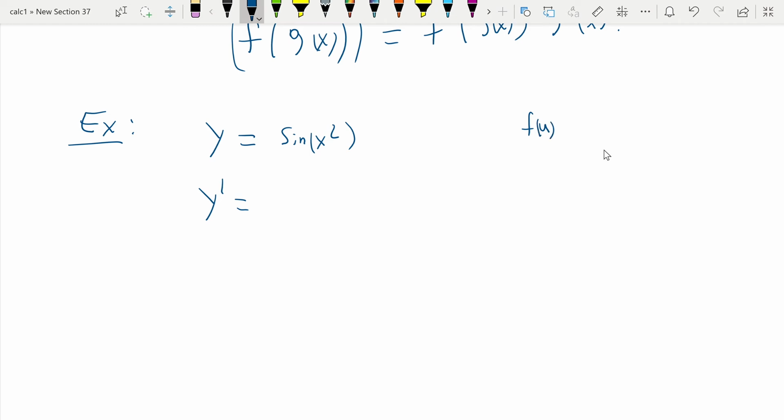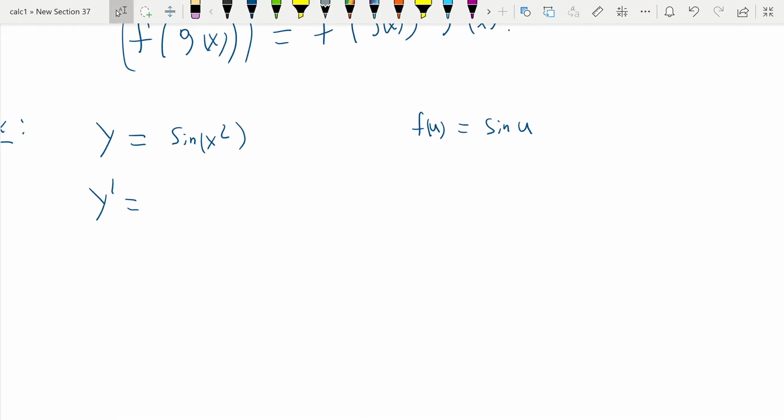There's one function, f of u, which is sine of u. This is the outside function. And there's an inside function, u, which is going to be g of x, which is just equal to x squared.